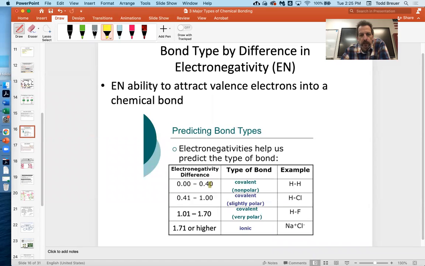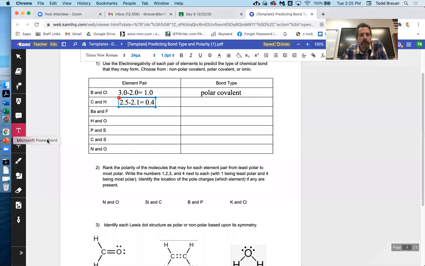That puts us in the region of non-polar covalent. So no attractive force or weak, very weak attractive force would be present on a molecule that is non-polar covalent bonded. So we can go back and mark that one up now, and we'd call that non-polar covalent.